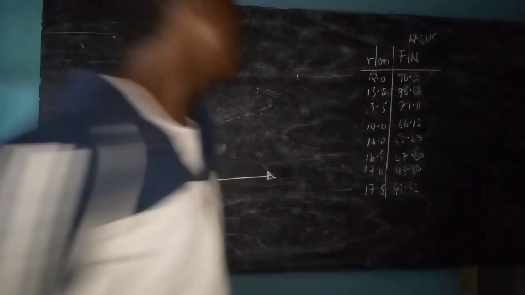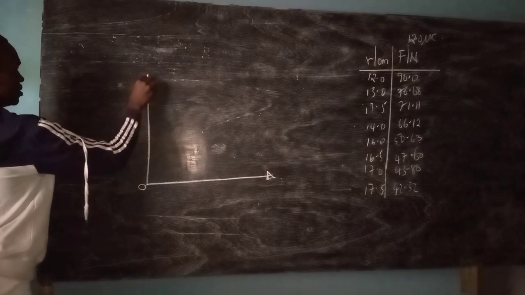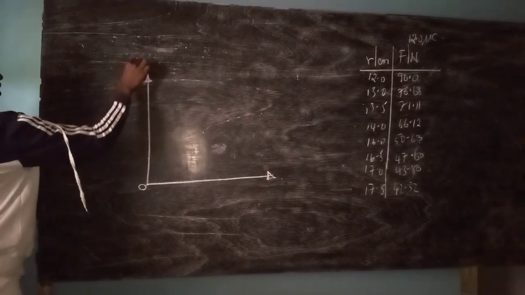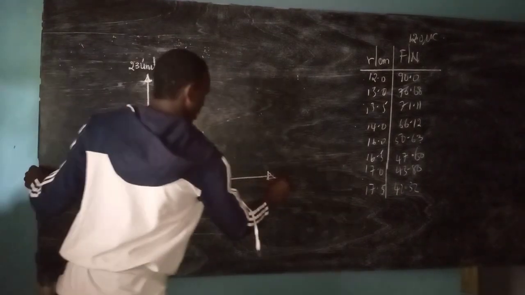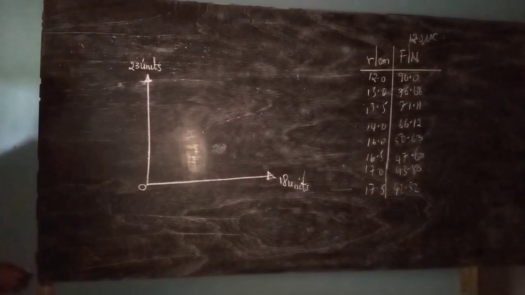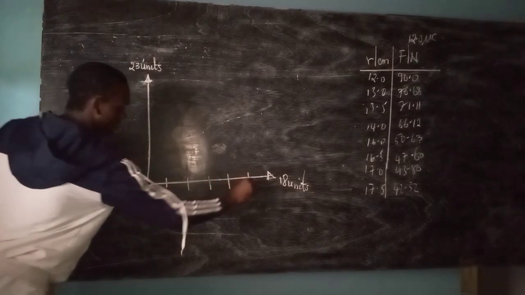A graph paper is made of 23 units on the vertical axis and 18 units on the horizontal axis. Those lines, 1, 2, 3, 4, 5, are the units.